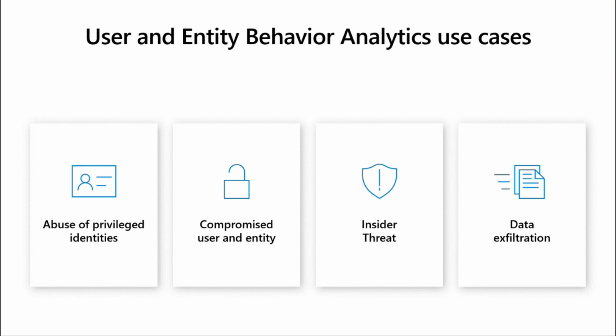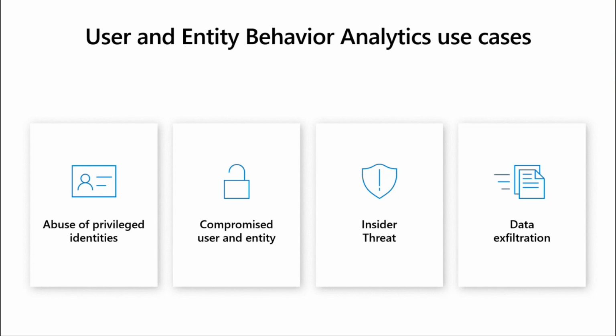What are the scenarios that we're targeting with UEBA? In general, it's abuse of privileged identities. So anything that has high impact on the environment, and then we're going to profile them accordingly. Also, compromised user and entity.